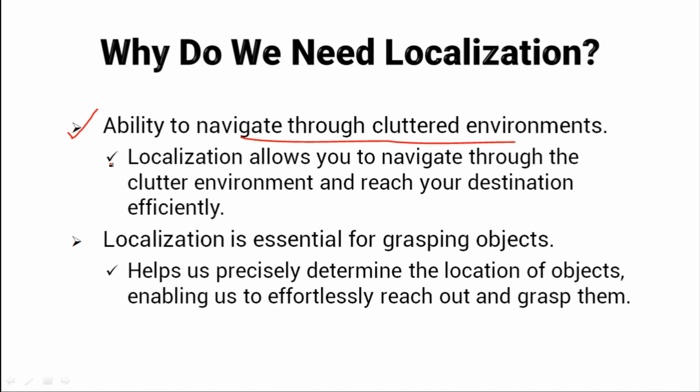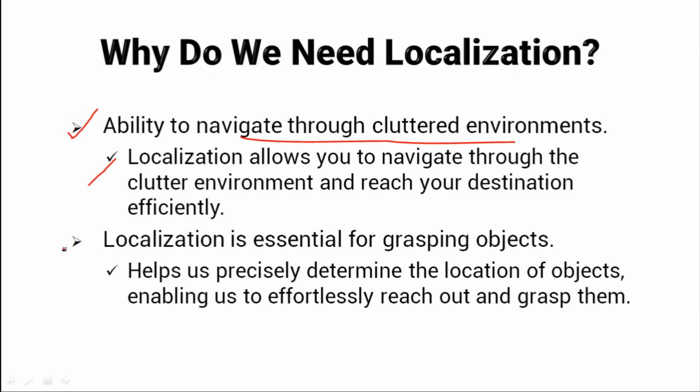In order to navigate through this chaotic environment and find what you are actually looking for, you need to be able to locate the object of interest. For example, if you are searching for a specific store, you rely on your ability to locate its position among other shops. This localization allows you to navigate through the clutter and reach your destination efficiently.